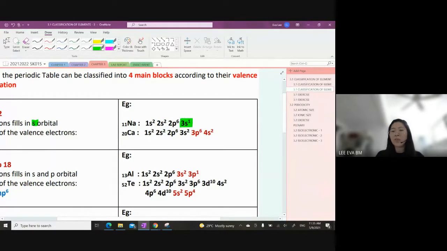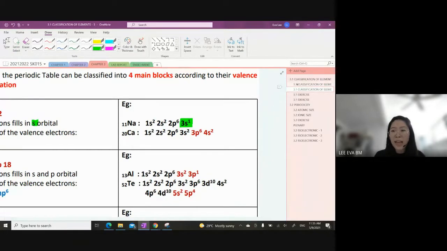Here we see that the last electron filling the electronic configuration is inside the S subshell or S orbital. Therefore, this belongs to the S block.